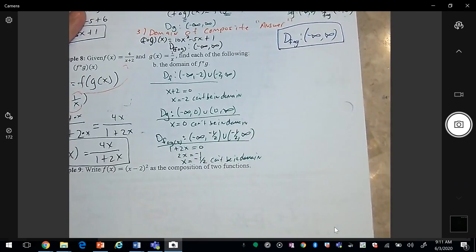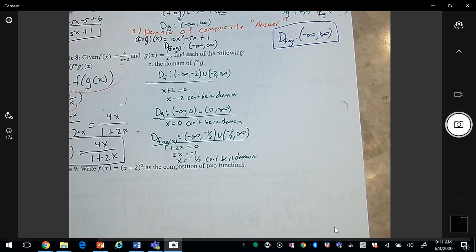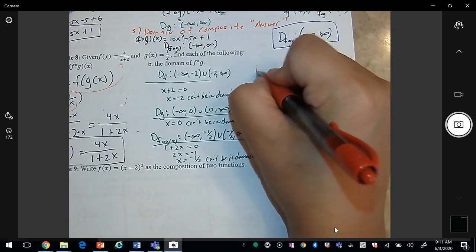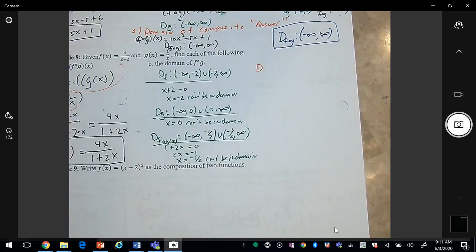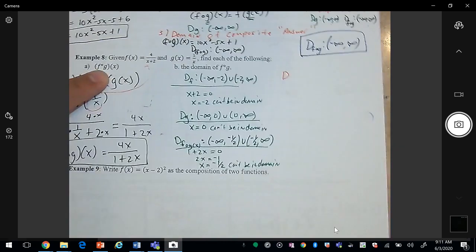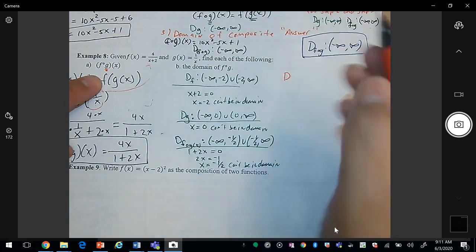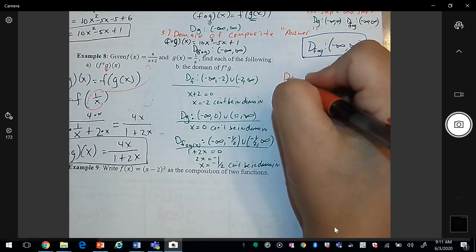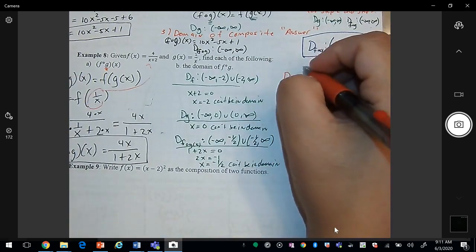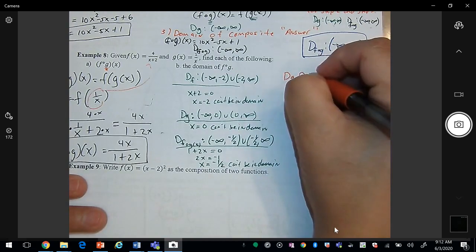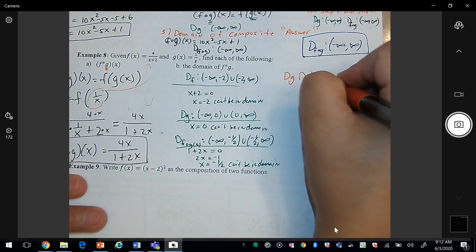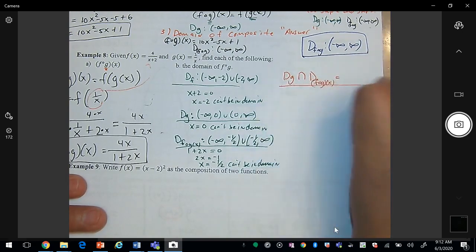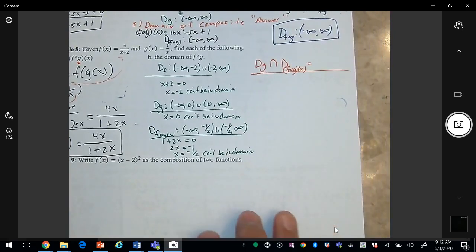Okay. So now to find the actual domain, we want to look at the intersection of the second function. In this case, the second function is g. So I'm going to look at g, and then I'm going to look at the intersection of the composition. Okay, so we want to see what they have in common.